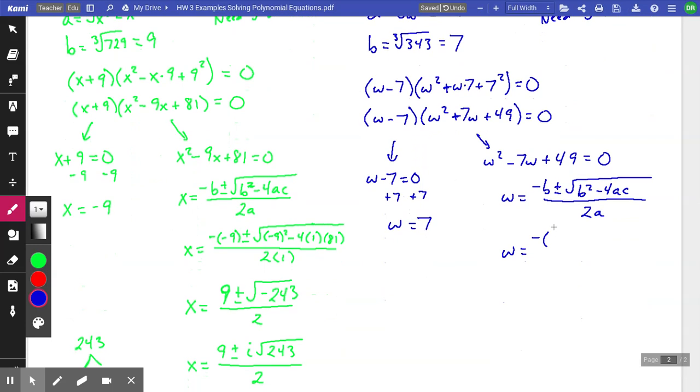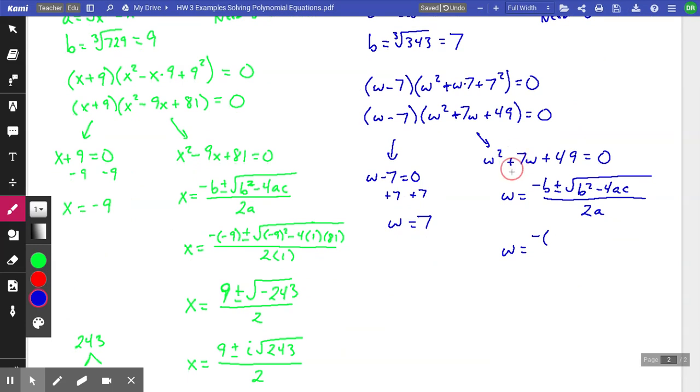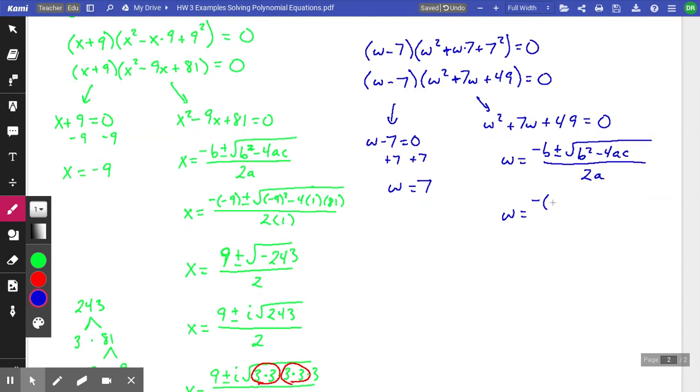So here as well. So for negative b, we just have negative and then 7 plus or minus the square root of 7 squared minus 4 times 1 times 49 in this example, and then all divided by 2 times 1.